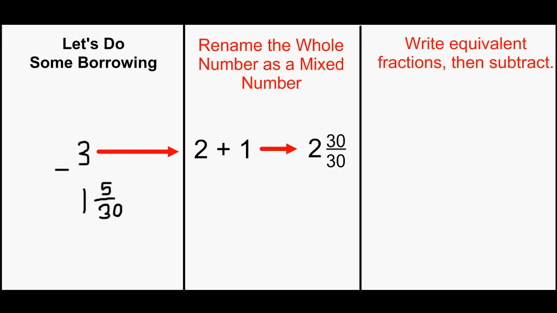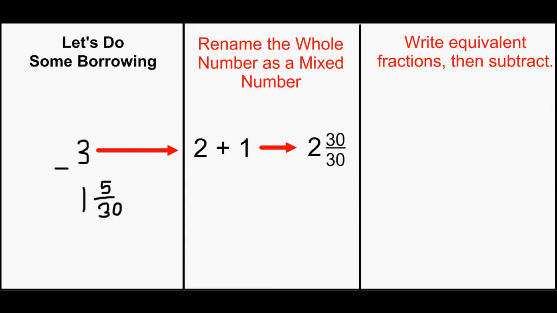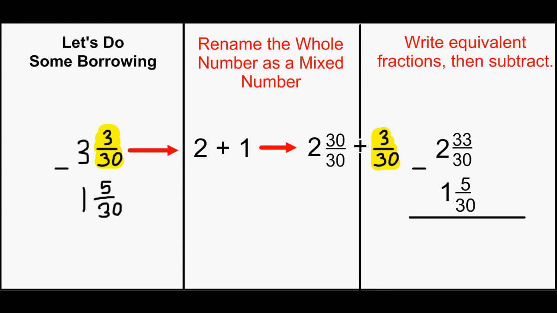Our mixed number is 2 30/30. Don't forget that our original mixed number was 3 3/30. We need to add the 3/30 into our mixed number. So 2 30/30 plus 3/30 equals 2 33/30.